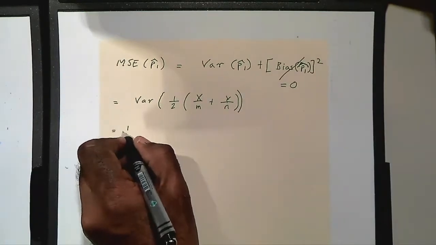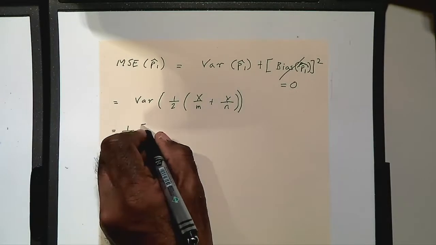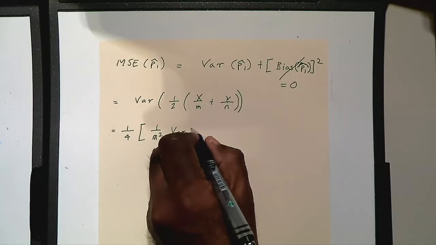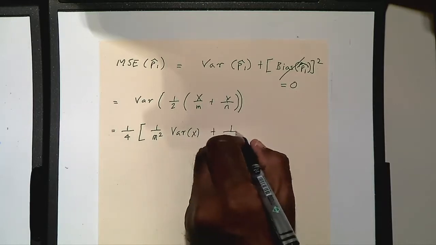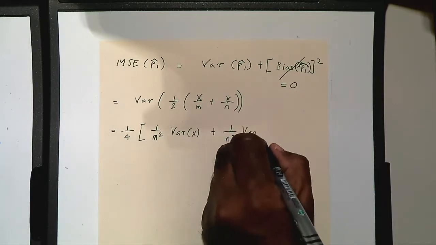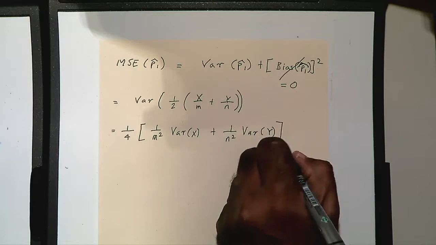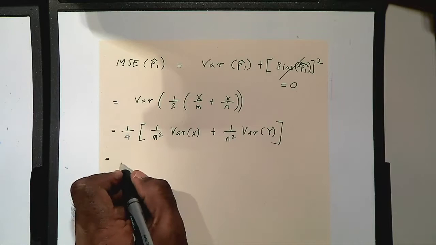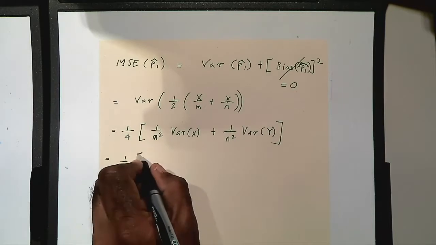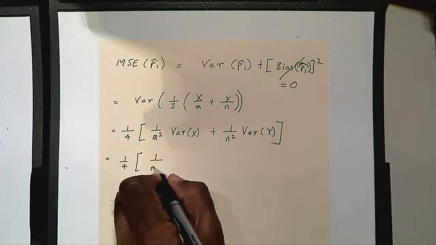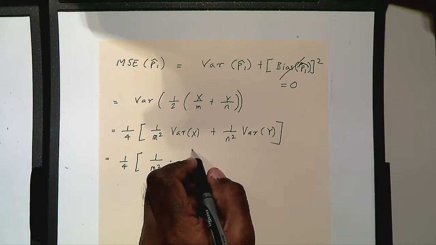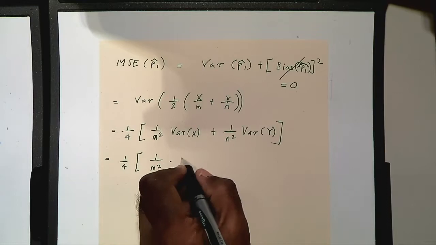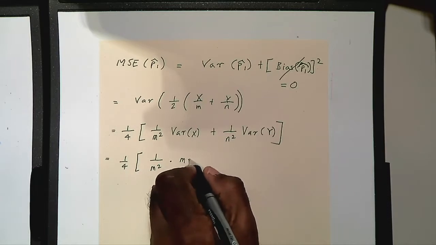So this will become 1 over 4 plus 1 over m squared times the variance of x plus 1 over n squared times the variance of y. Now, the variance of x, I'm sure all of you know the formula. The formula for the variance of a binomial is m times p times 1 minus p.